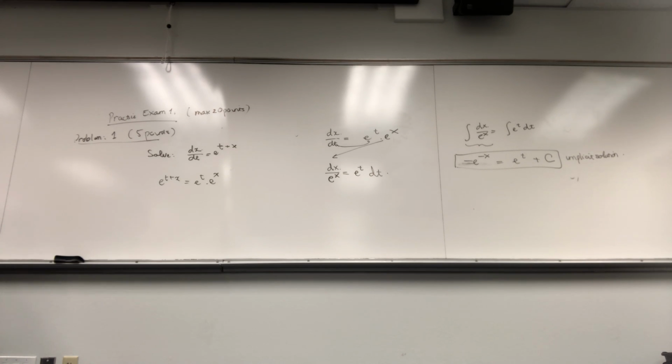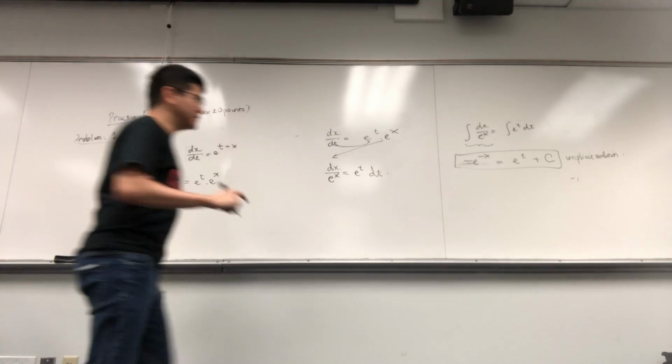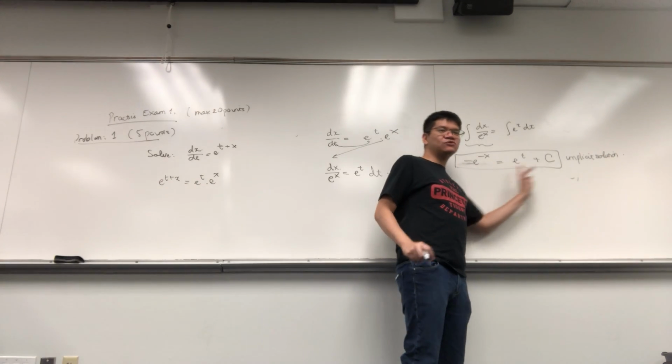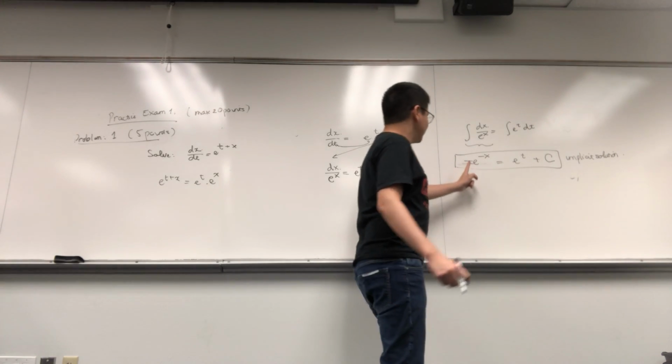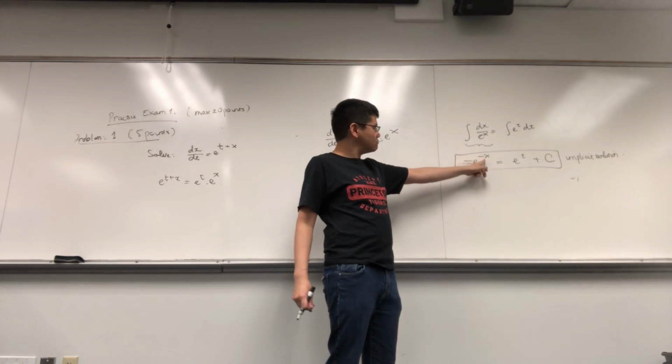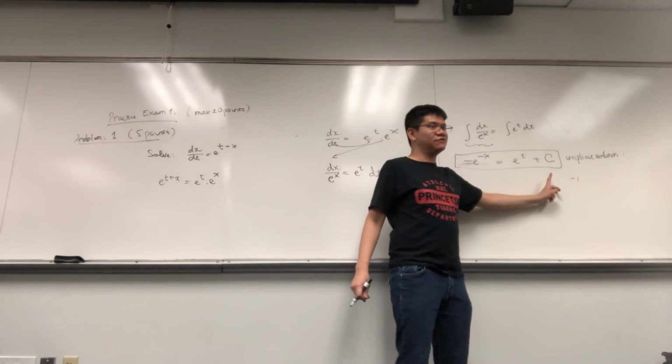Questions? Now we have to solve for the explicit solution, right? How can we solve for the explicit solution? Yes? Take the natural log of both sides. Now the implicit solution is this formula. In this formula, you have x inside a function and t inside a function.